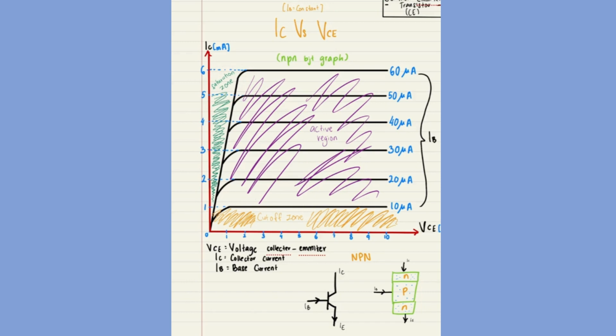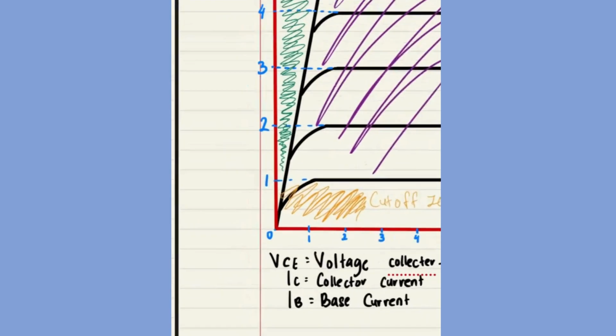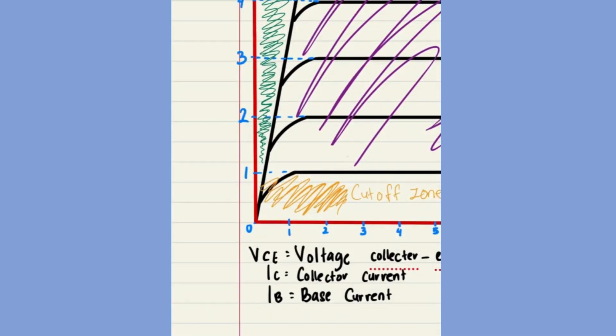Why is it the cut-off zone? Usually, we use 0.7 volt, which is for silicon types. We need to get above 0.7 volt for the transistor to work.